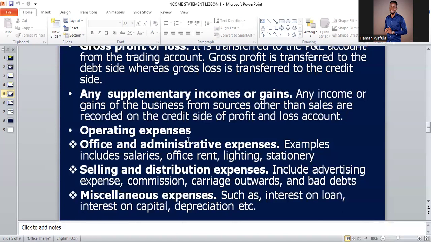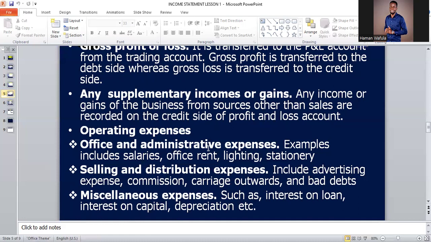We have operating expenses, which are divided into three categories. We have office and administrative, where we have salaries, rent, lighting, stationery, among others. Then we have selling and distribution expenses, where we have commission carried outward and bad debts. These are directly involved in expenses incurred with selling and distributing.